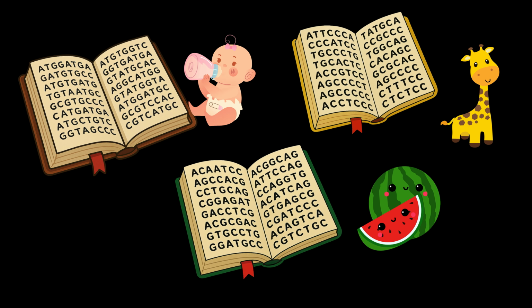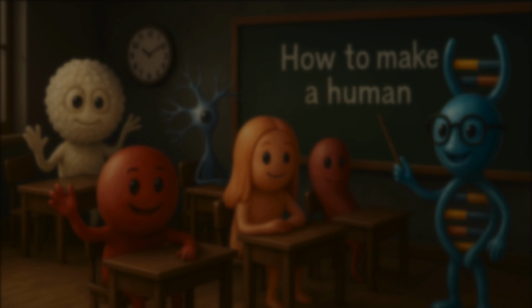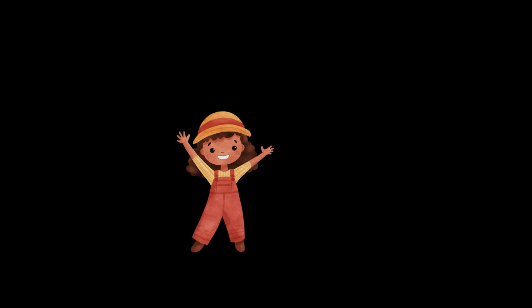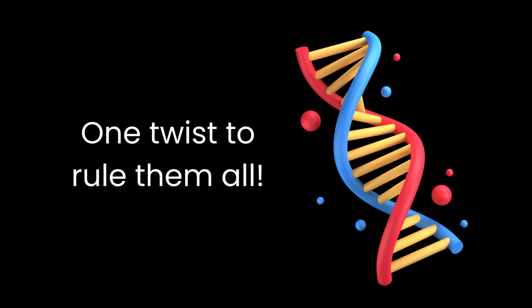The sequence in which the letters are arranged is of utmost importance and it contains every instruction for building and running us. It tells the cells in our body how to grow, how to function, and even what kind of cell to become, a skin cell, a brain cell, or even a muscle cell. And it's not just humans. Every living thing, from dogs and trees to bacteria, is built and run based on the sequence of its DNA.